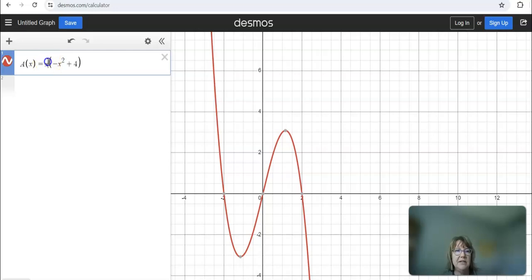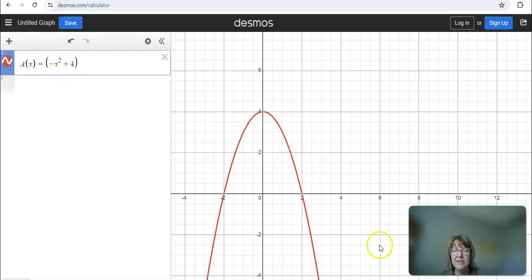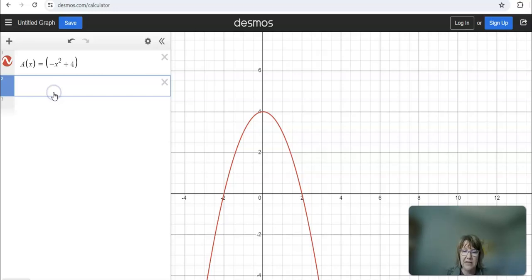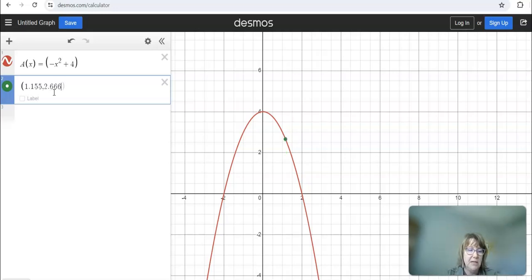So we just have our original function. This is not the area function. And so the point that we ended up with was 1.155, comma, and then we think the y value is 2.666, and I can plot it.